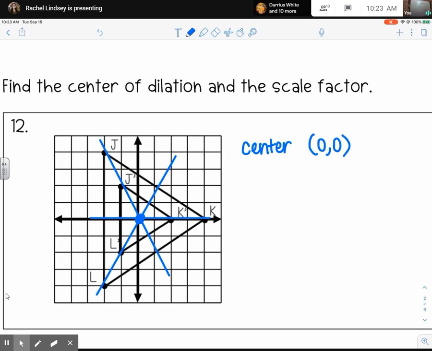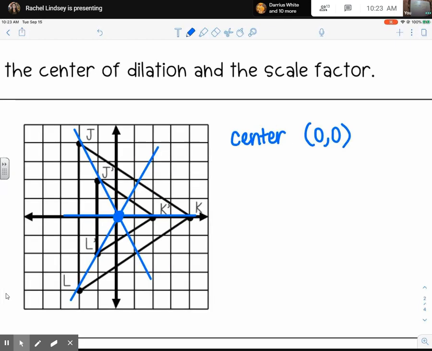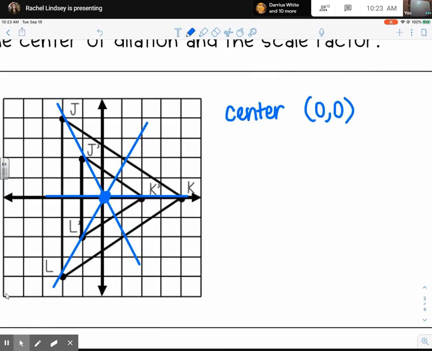Then if you want to find your scale factor, pick a point, any point. Which one do you want me to do? L, K, or J? L. So L is at -2, -4, and L prime ends up at -1, -2. So looking at that, you might be able to see what you're multiplying by.